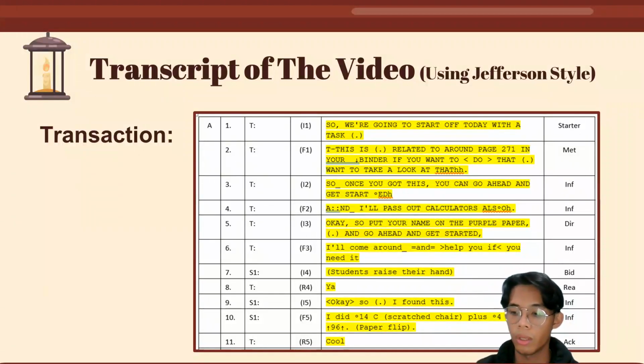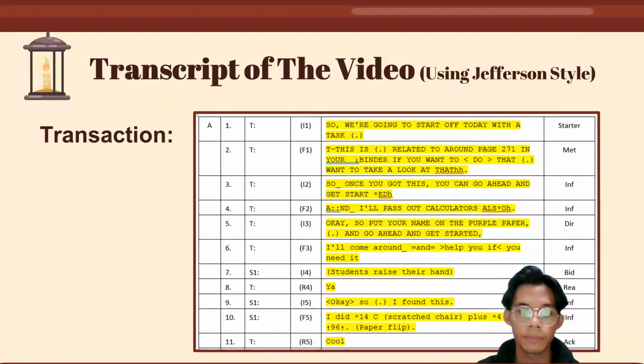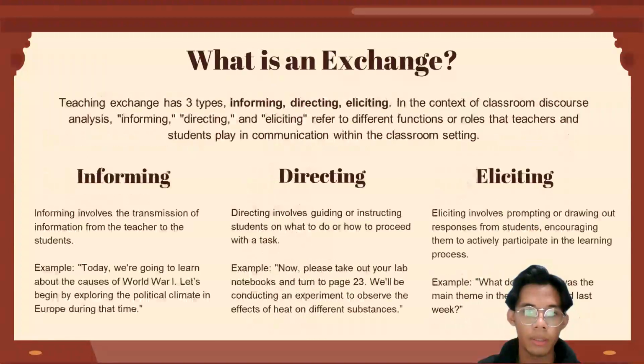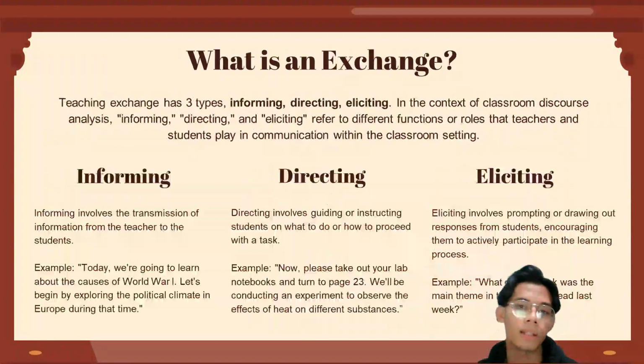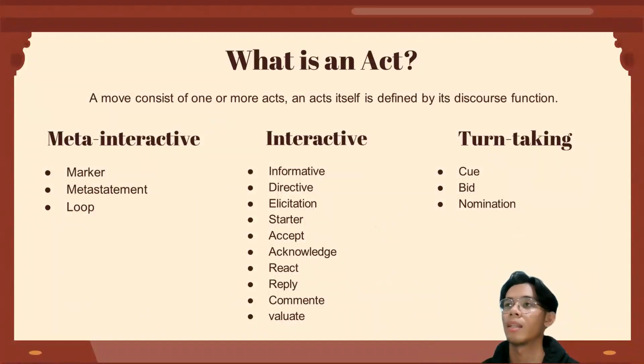And you can also refer to this video if you want to do the transcript and learn what is the transaction, what is the exchange, what is move, and what is an act, because those are, I can say, the elements of a classroom discourse analysis.